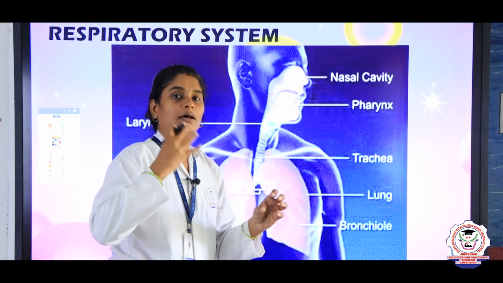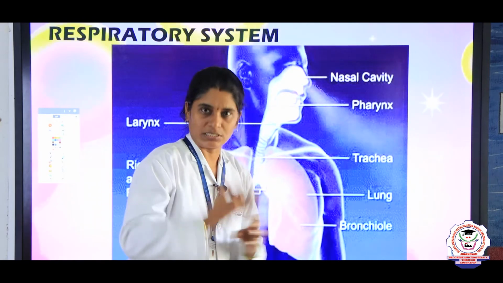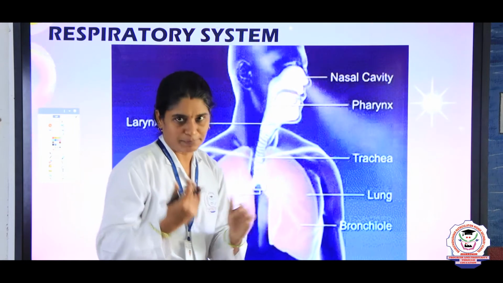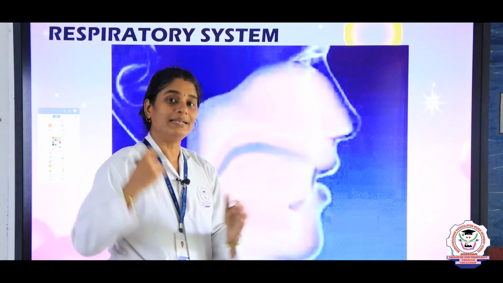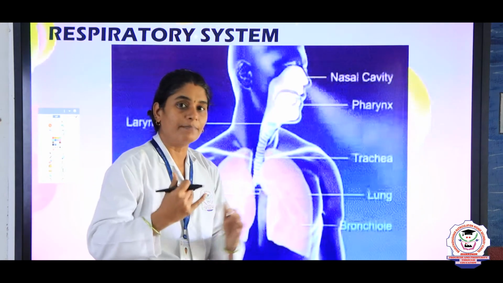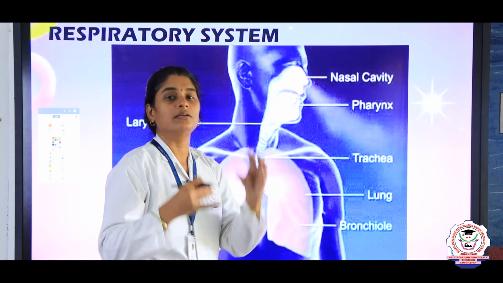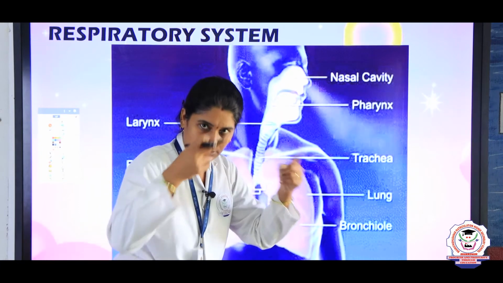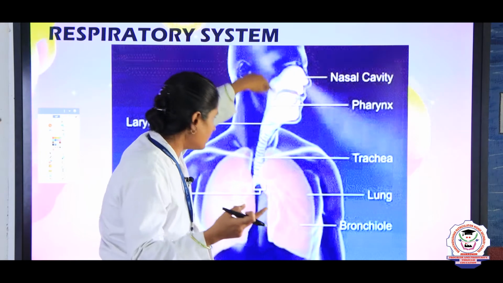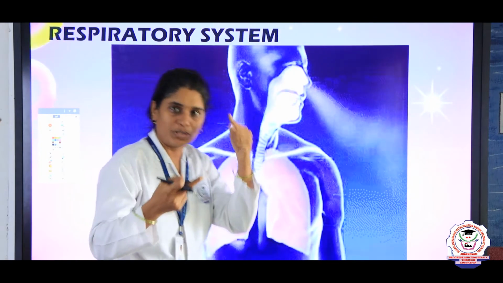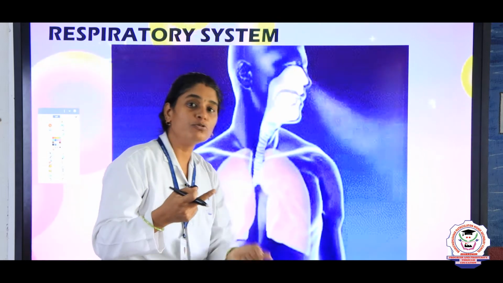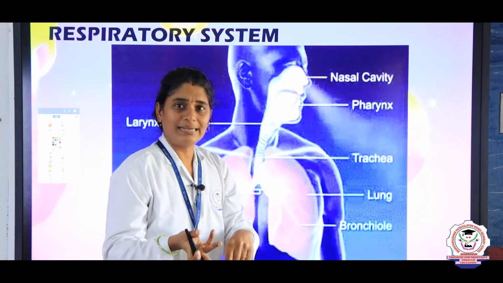In the singular we say alveolus. In each alveolus, blood capillaries are present, which carry deoxygenated blood, and thereby the exchange of gases takes place in the alveolus. The oxygen we take in travels all these ways and enters the alveolus, where it diffuses into the blood capillary.